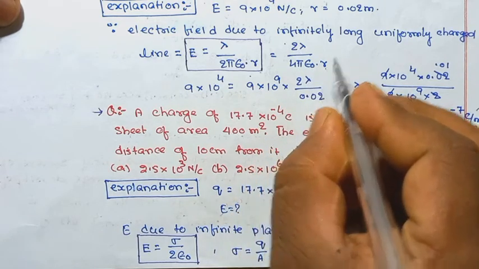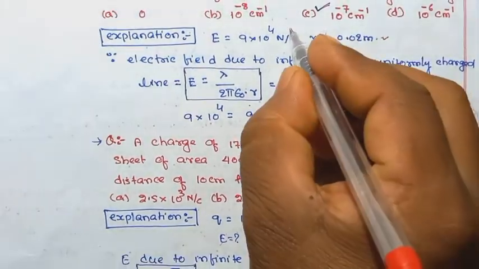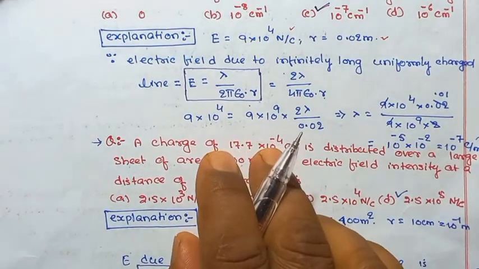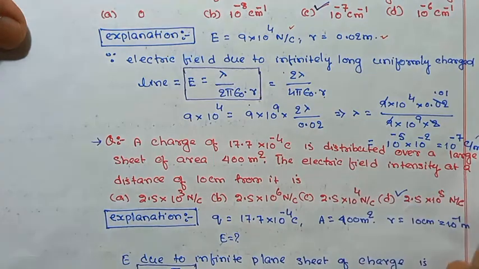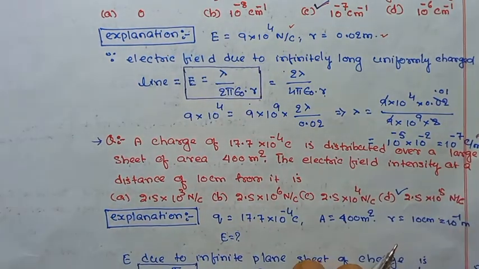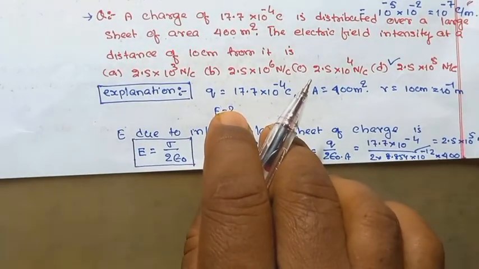And R is given in this question. Here E value is also given in this question. So putting all these values, and after solving we'll get lambda is equal to 10 to power minus 7 coulomb per meter. ठीक है. Now we'll go next question.